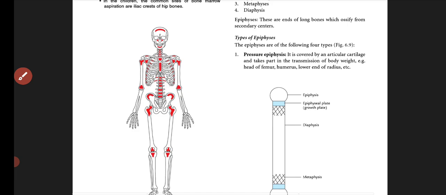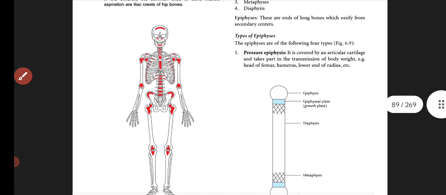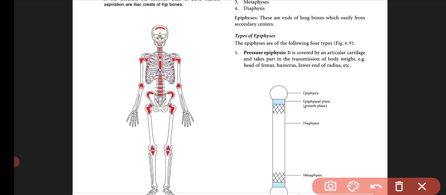Okay, a short note about the pressure epiphysis or a 2 marks question. What is pressure epiphysis? It is covered by an articular cartilage and takes part in the transmission of the body weight. Examples are the head of the femur, head of the humerus, and lower end of the radius, where there is pressure of the body.